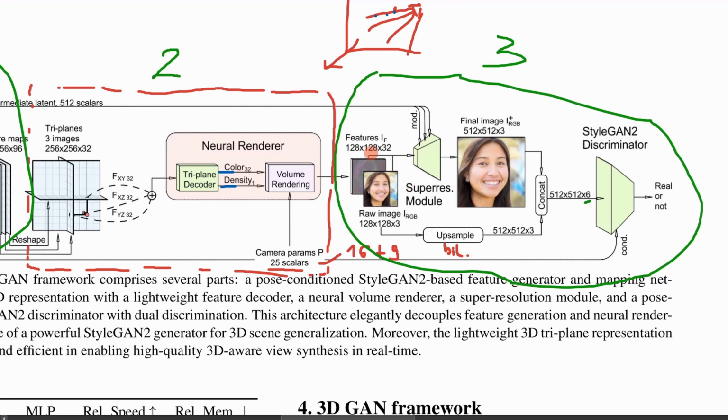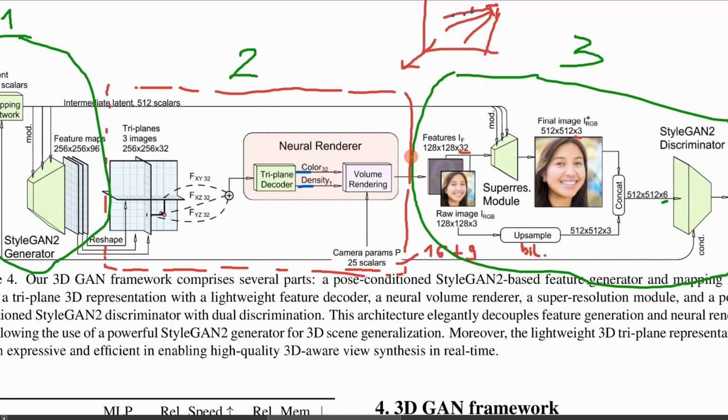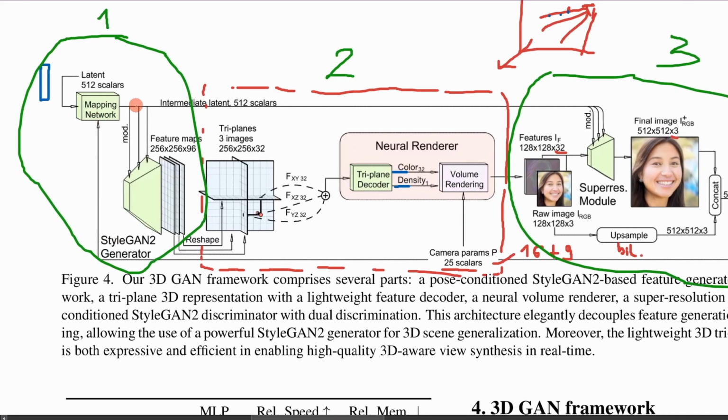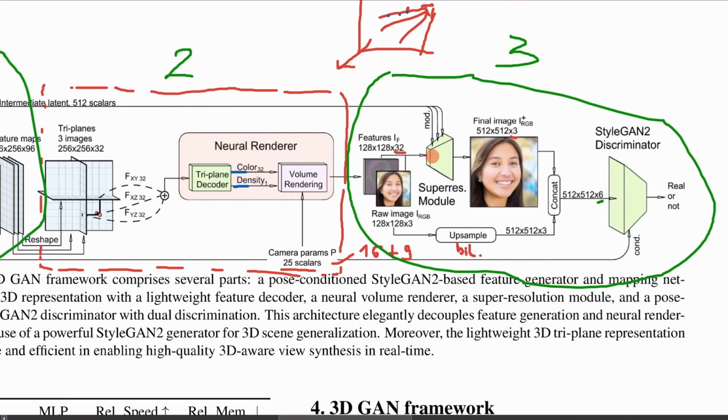Secondly, they'll take this whole volume, all of the 32 channels, and pass it into this super resolution module, which is going to upsample the image, and out comes the 512 by 512 RGB image, so 3 channels. And again, we have some conditioning here. They're using these intermediate latents to condition the super resolution module.